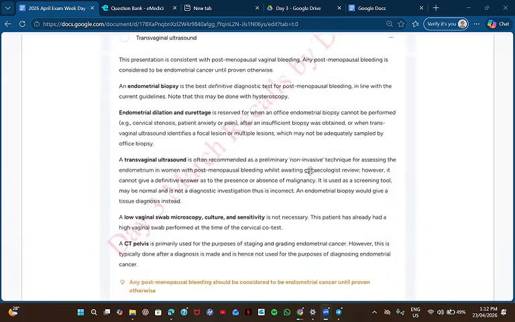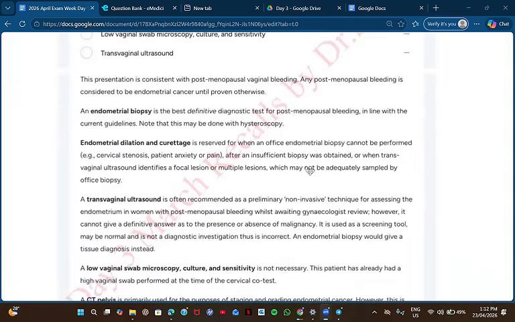Listen to this carefully. This question is repeated every month. The presentation is consistent with postmenopausal vaginal bleeding. Any postmenopausal vaginal bleeding is considered endometrial cancer until proven otherwise. This is the most important thing you should remember.